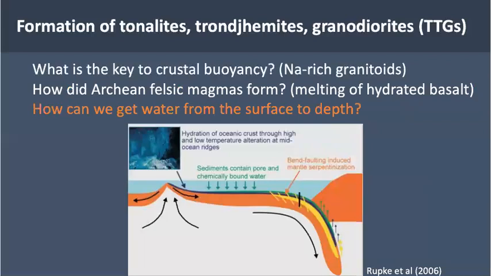But another question that comes up then is how do we actually get water to depth to melt? I mentioned that hydrated oceanic crust is being subducted and melted at depth in the Archean as a potential plate tectonic-like scenario for the formation of TTGs and granitoids. But how does that actually work? This is shown really nicely in this cartoon here, where there's a mid-ocean ridge on the left-hand side.